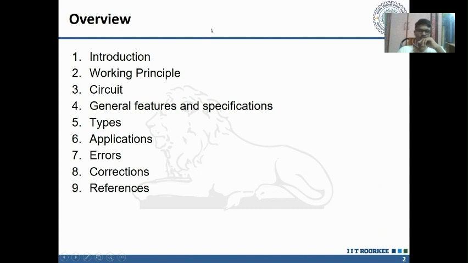First, in this discussion we will cover the introduction, working principle, basic circuit, and circuit design with signal conditioning unit.